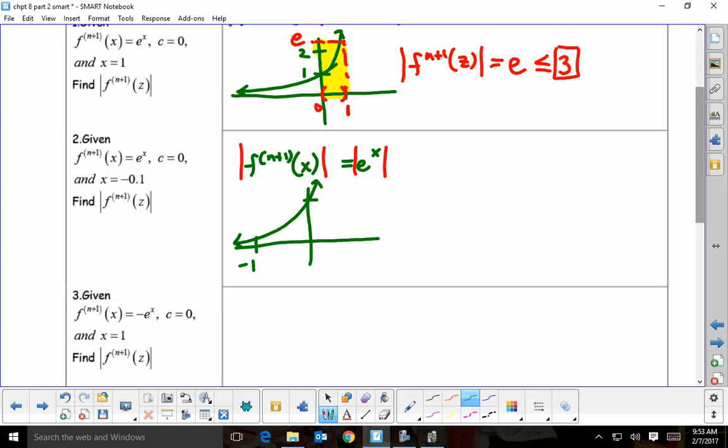But now I am looking between negative 0.1 and 0. So where is this max at? Okay. So the max here is 1. It's the y output. It occurred at 0. So f to the n plus 1 of z, in this case, is just 1. And that's easy to use.